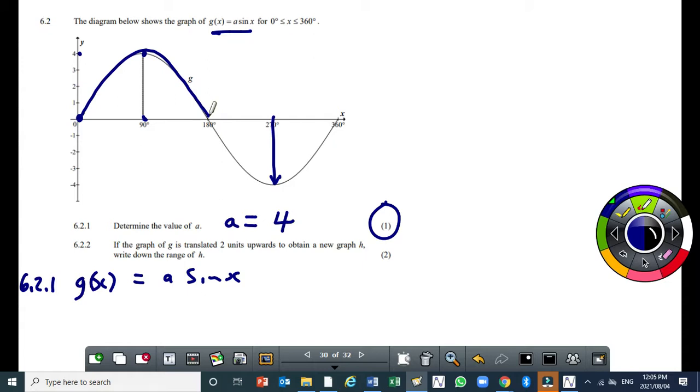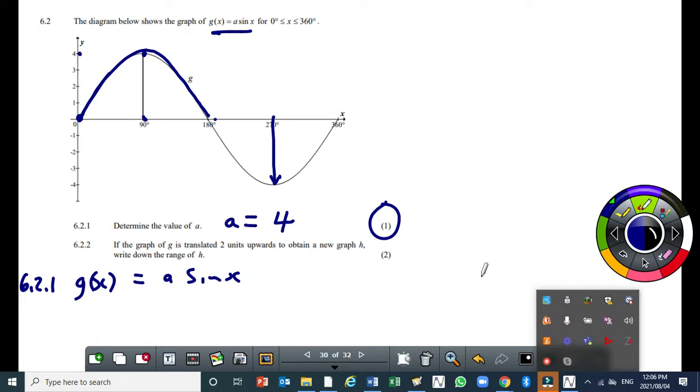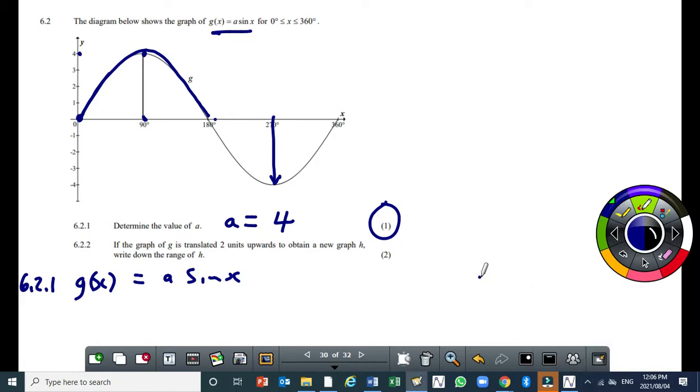If this crest had been reflected about the x-axis, then A was going to be negative. Remember, A is not the amplitude, it is a stretch factor. So A is going to be 4. So A is equal to 4.